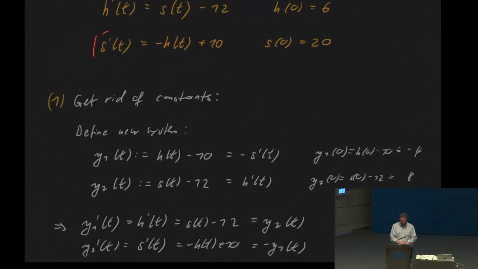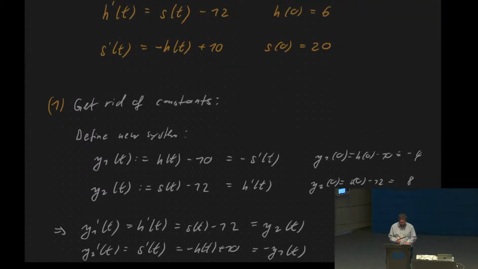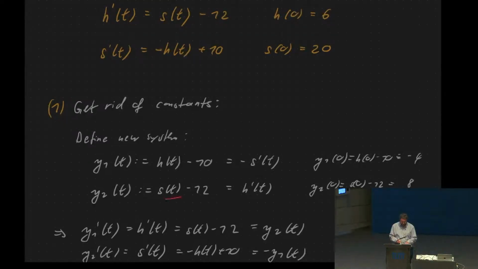Right? So we get that from the second equation here. And we also introduce a function that's basically the number of squirrels, but we subtract 12. And again, the idea is we want to model this side here, right? Squirrels minus 12. So h prime is now equal to y2.